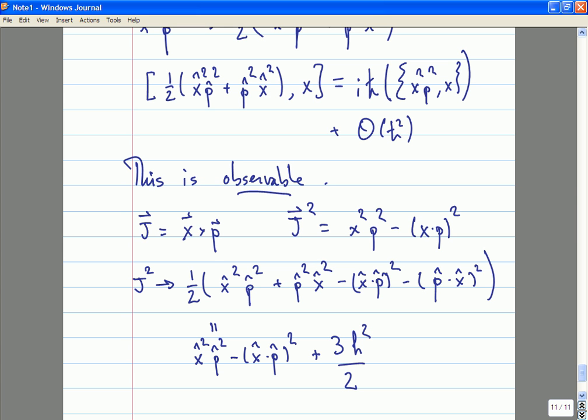What is it? Well, it's 3h bar squared over 2. So, in fact, this operator ordering ambiguity and the fact that in order to get a Hermitian operator, you need to symmetrize is something that is not just observable, it's something that you've already seen in your quantum classes.